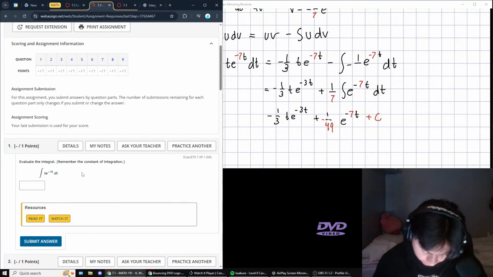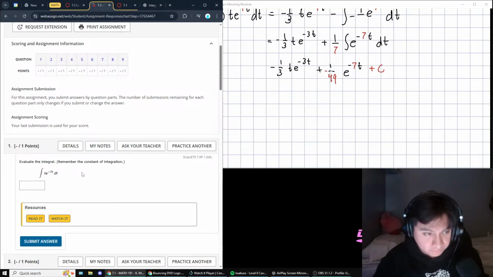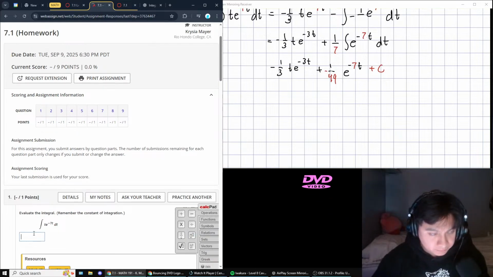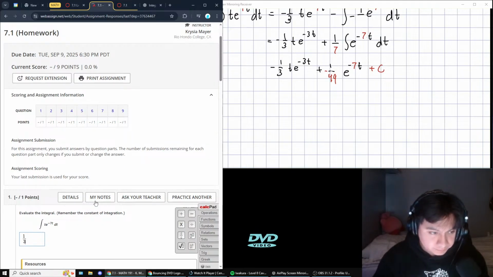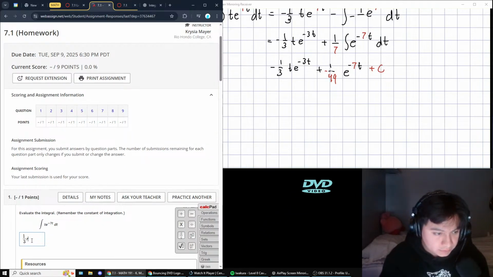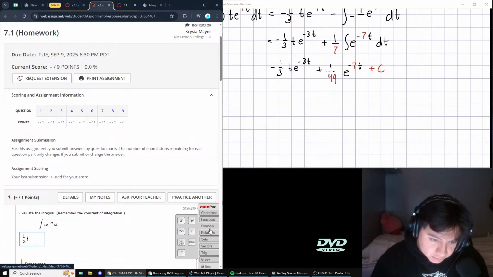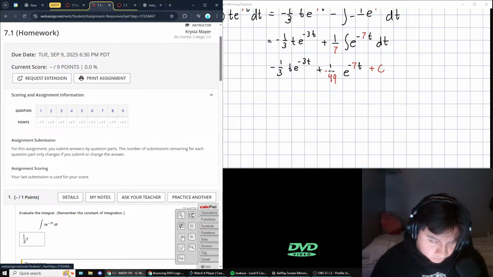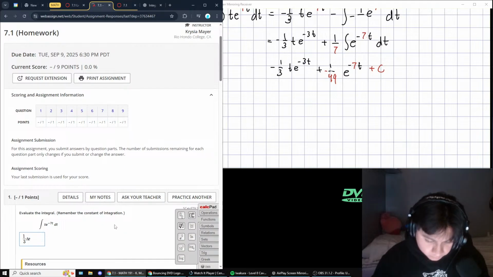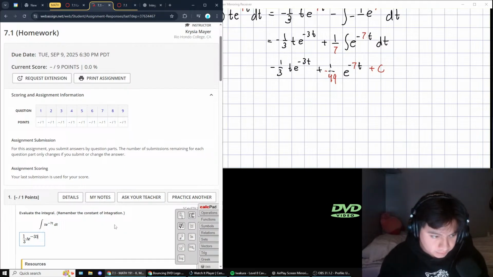Okay. So then our final answer should be 1 over 3 T E. Is E a constant that I can just put in? Negative 3T.